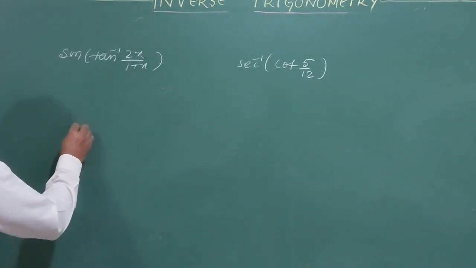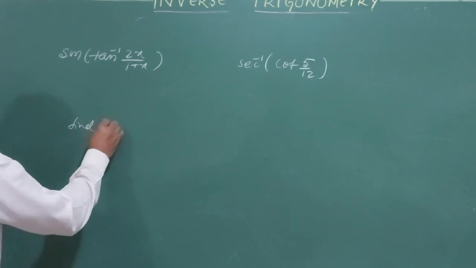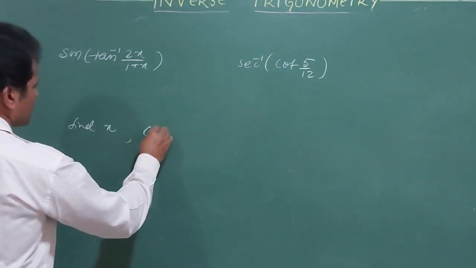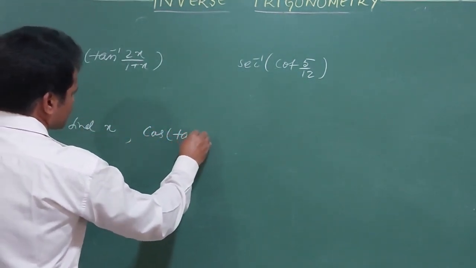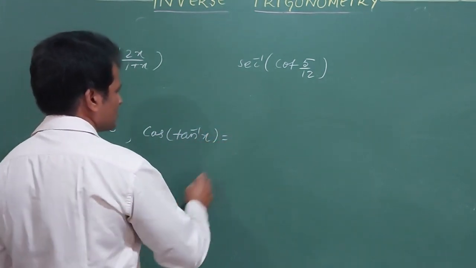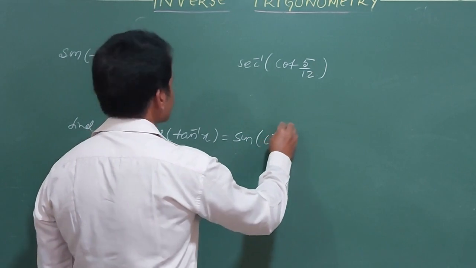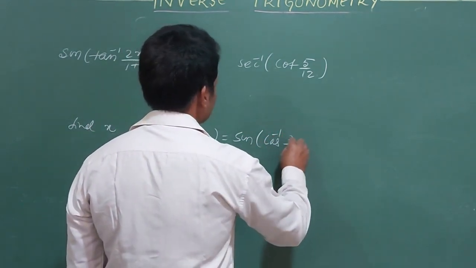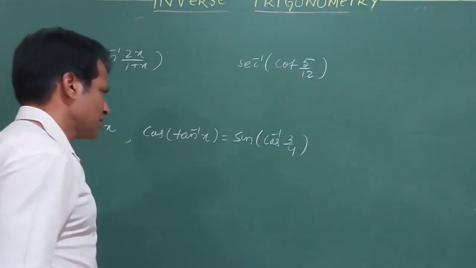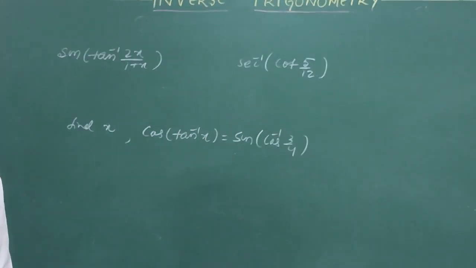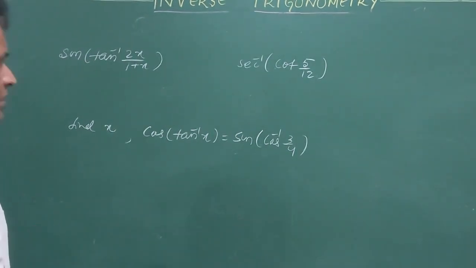They may ask you find x: cos of tan inverse x is equal to sin inverse sin of cos inverse 3 by 4, whatever it is. So maybe we'll get the values in fractional form, but we can manage it.